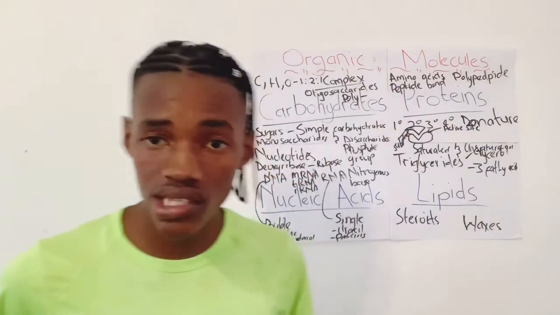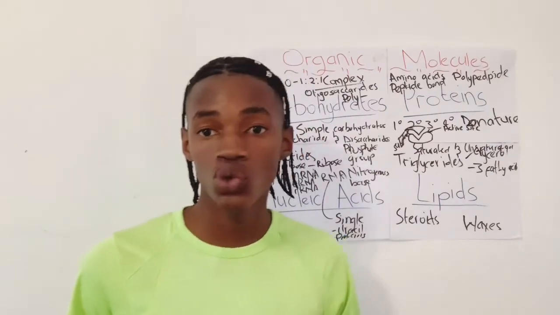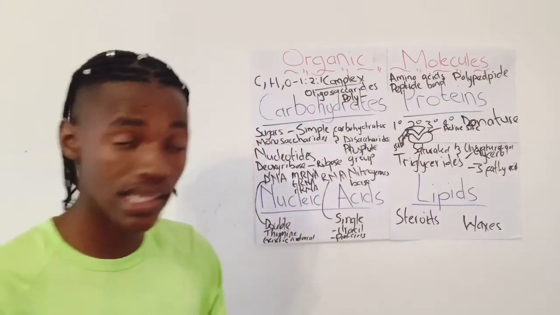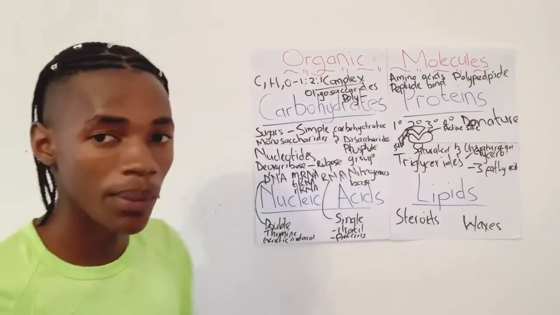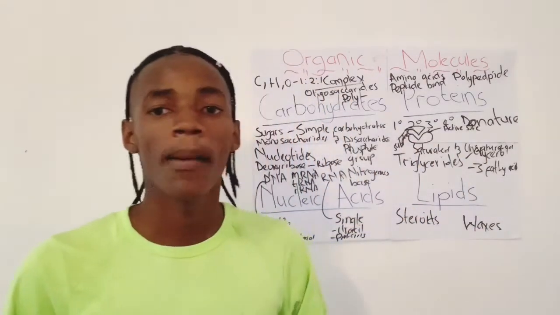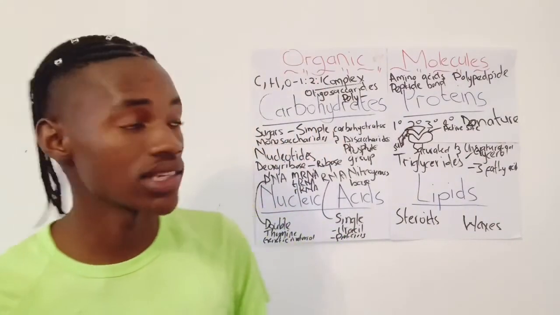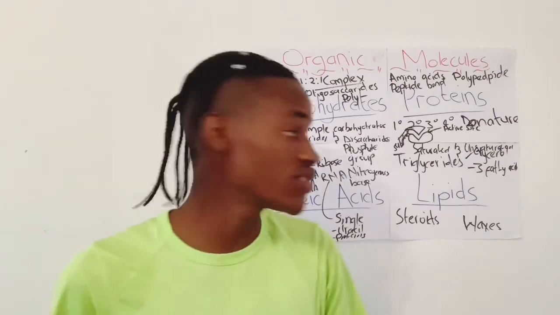Then we have lipids, where we get triglycerides, which have 3 fatty acids bonded to a glycerol. We also get phospholipids, where there are only two fatty acids bonded to a glycerol, and the third carbon of the glycerol is bonded to a phosphate group.